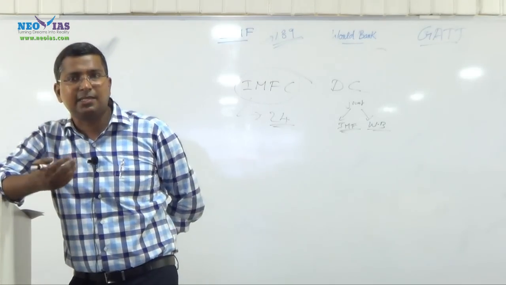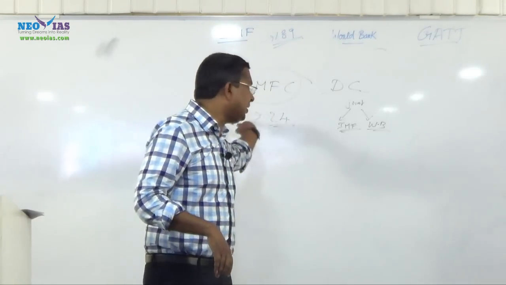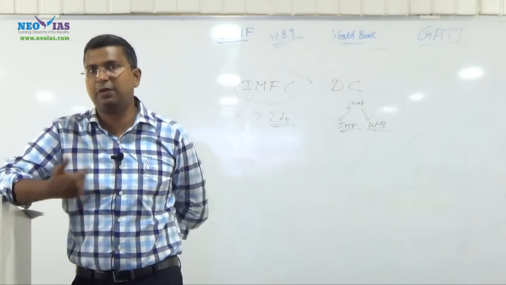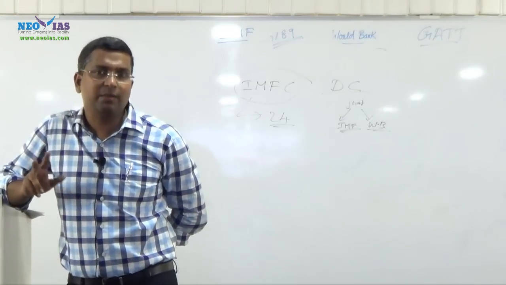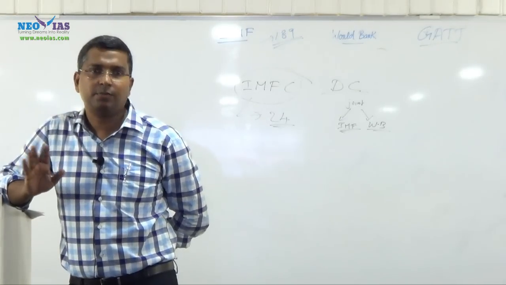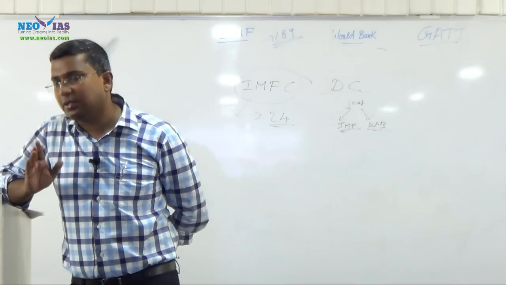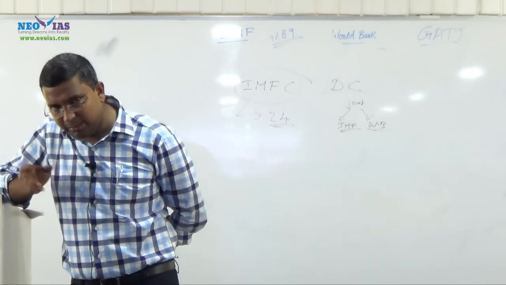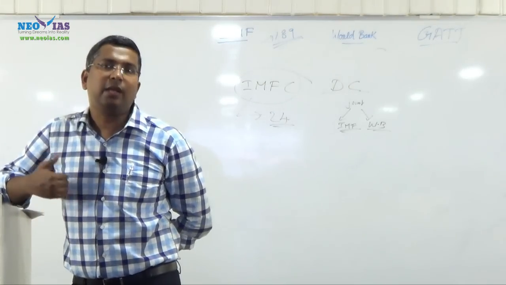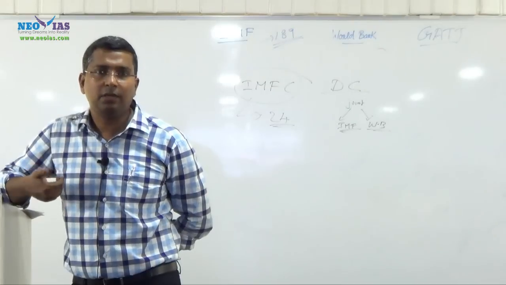It will be discussed while the IMFC is meeting in the annual meeting. Normally they meet 2 times annually, especially during springtime. It's not that important, but since a question has been asked from IMFC, you can expect a question from the Development Committee also.